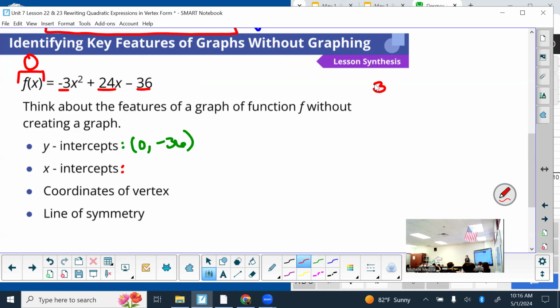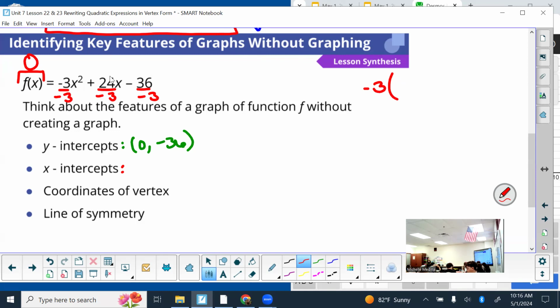Always see if your smaller numbers can be a GCF. There's no rule that you have to factor out the negative version or the positive version. But I know that factoring is a lot easier when A is 1. So I'm going to factor out a -3 for the GCF, so that my A becomes a 1.